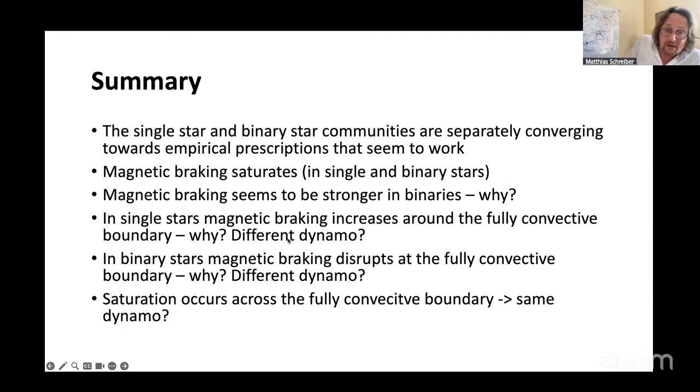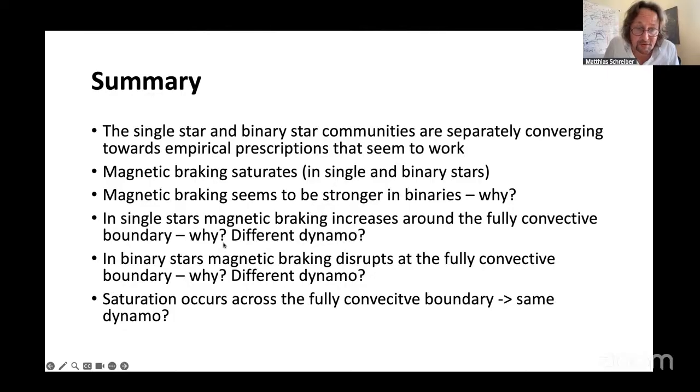And then magnetic braking for partially convective stars seems to be stronger than in single stars. Why? We have no idea. And then we have this big disagreement about what happens at the fully convective boundary. Single star studies show magnetic braking becomes stronger. In binary stars, it becomes weaker, by a factor of 50. So it is really not clear what's happening there.